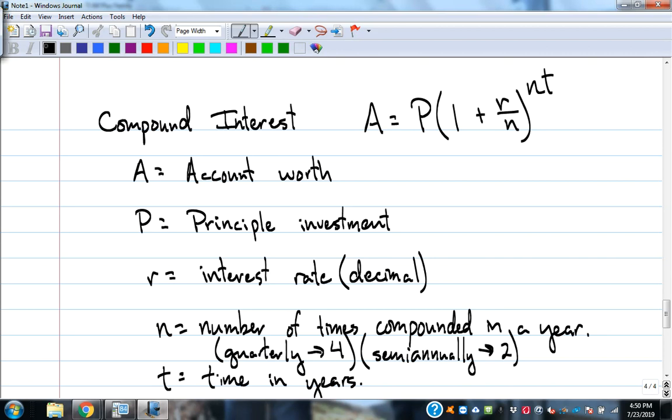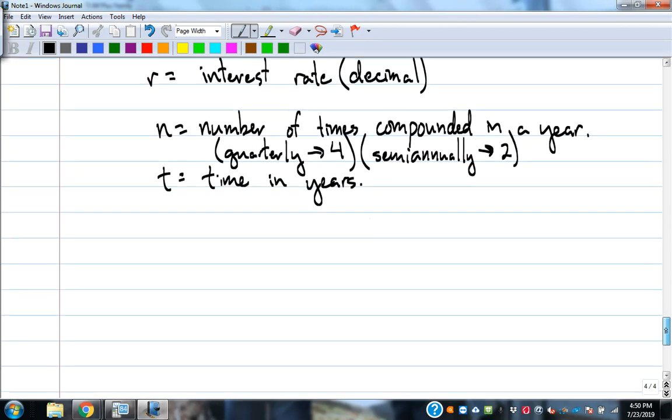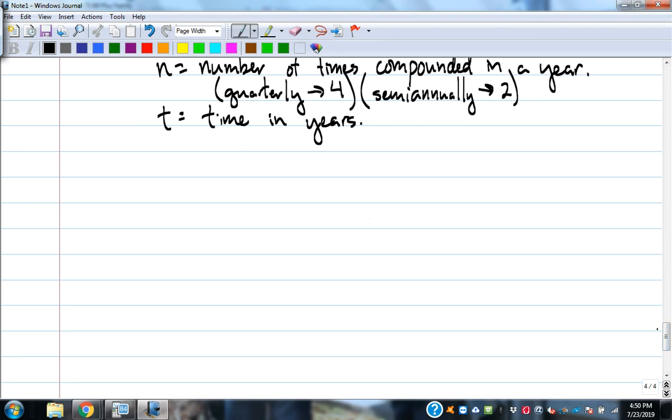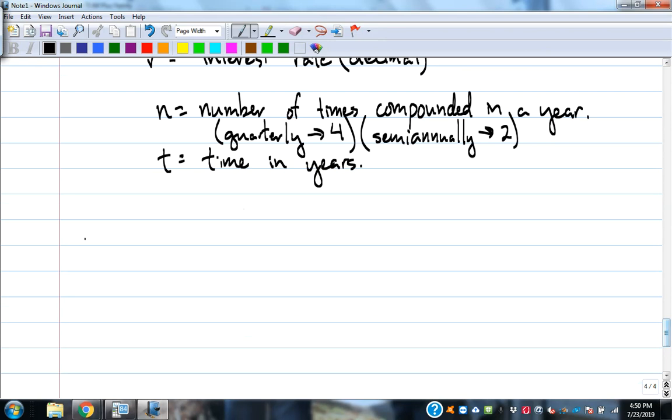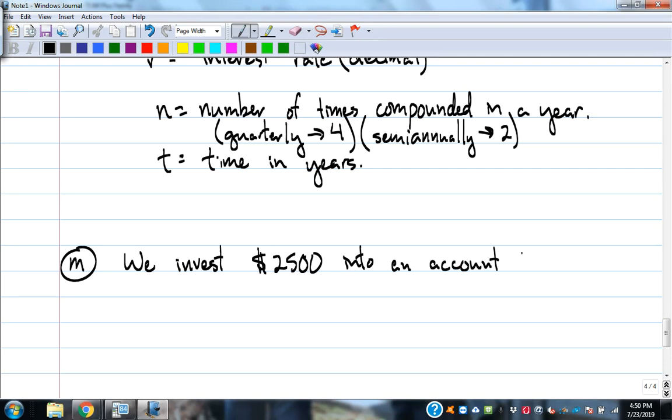So let's start with just plugging in and working it out type problem. So letter M, I think. Example M is we invest $2,500 into an account earning 6% interest.